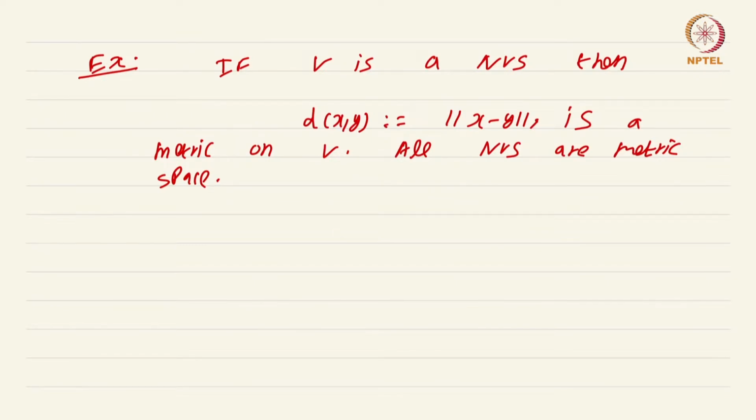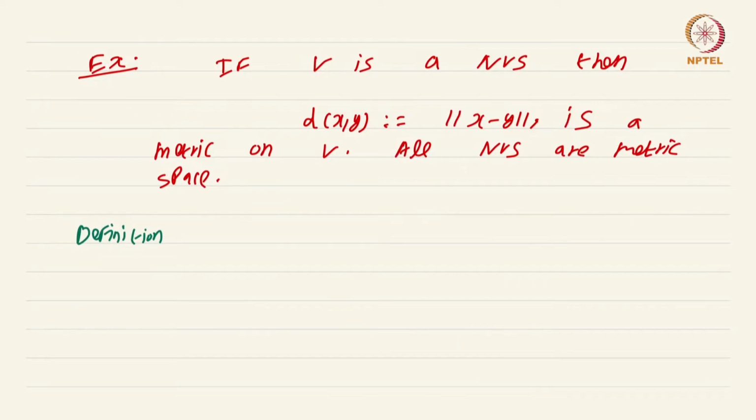Now, before giving examples, let me give a more refined notion of a normed vector space, which you are no doubt familiar with from linear algebra, called an inner product space. Now, the reason why I want to give this definition is because the most interesting vector space in this course is of course Rn, and that Rn, the underlying norm, comes from the inner product defined by the usual dot product or scalar product that you have studied in multivariable calculus.